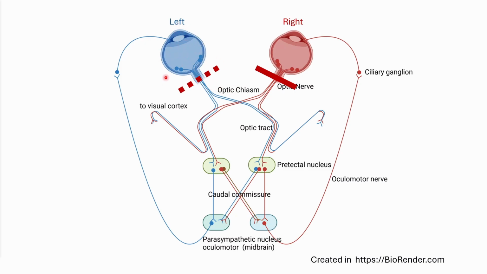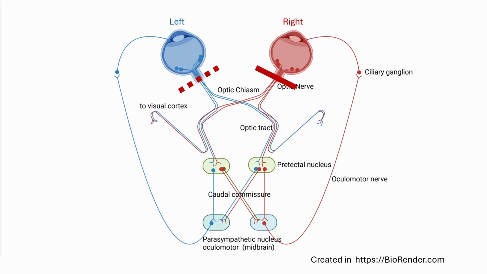The cat had only the barest of menace responses and a very slight pupillary light reflex, suggesting that there was a partial lesion in this area, almost complete lesion.